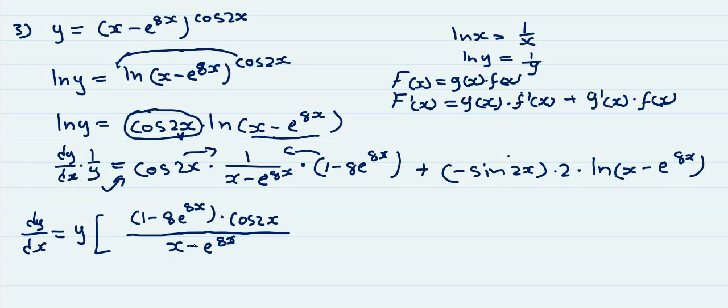So x minus e cancels and 1 minus 8 to the exponent cancels. Then minus multiplied by positive gives negative.